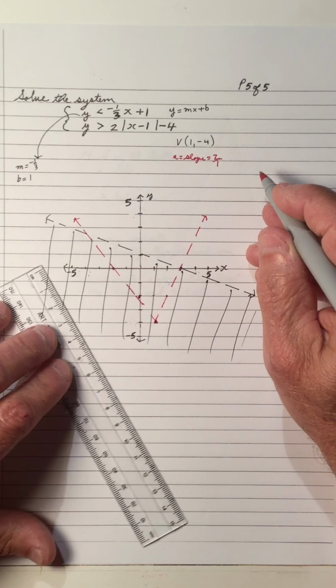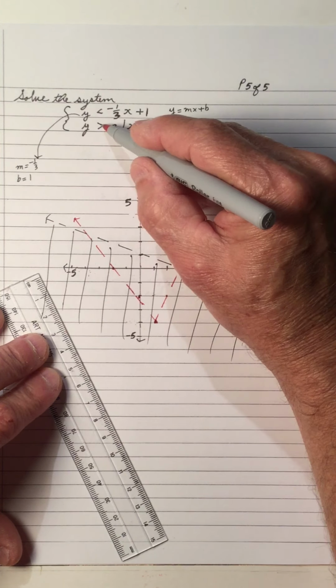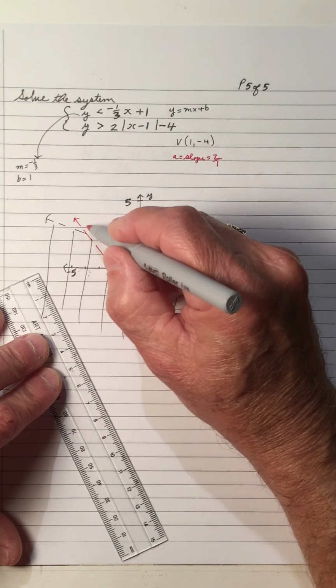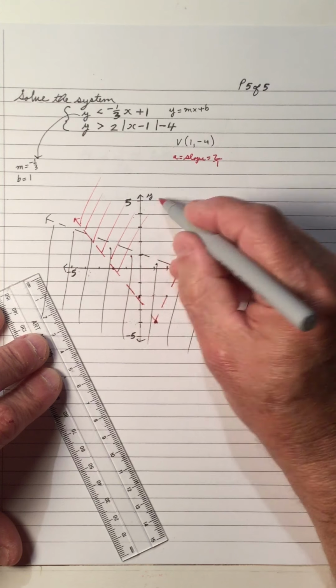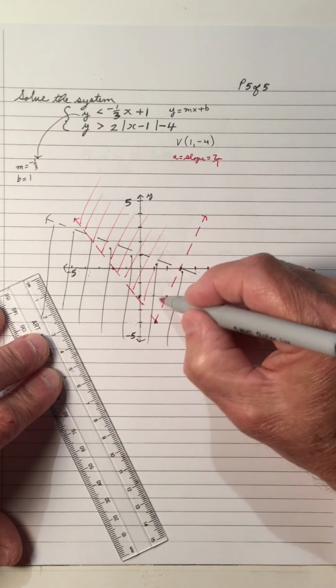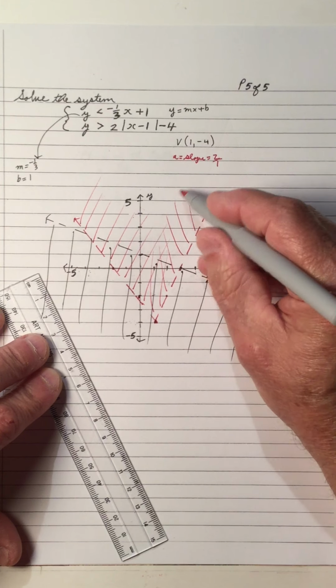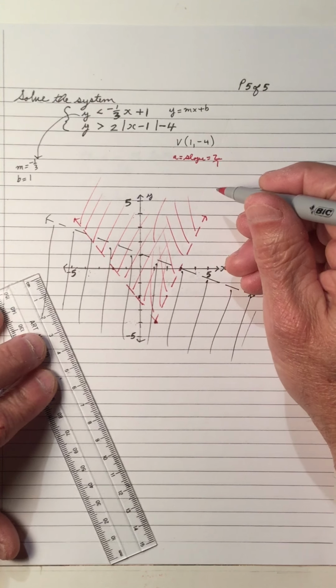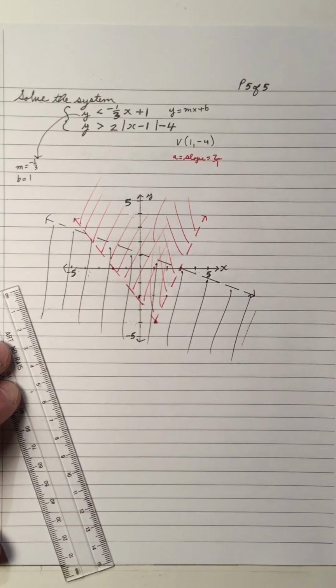Now, this is why I did one in black and one in red. This is a greater than, which is above, so we shade up here. Notice the boundary lines of both of these are not included.